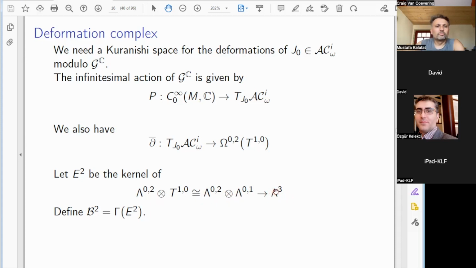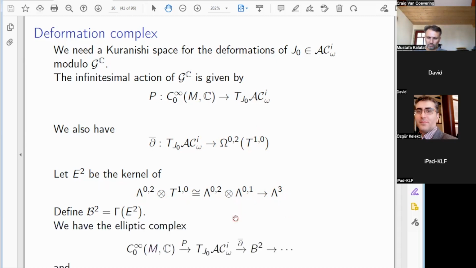I guess this should be like the 0,3, not 3. So you wedge, and then you take the kernel of this mapping. This will give you the degree 2 component of the complex. So we get this complex. So you take all the sections of the kernel here, I call that B. And so then this gives us the complex.